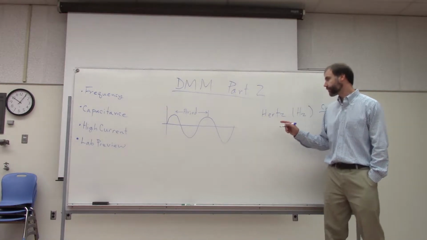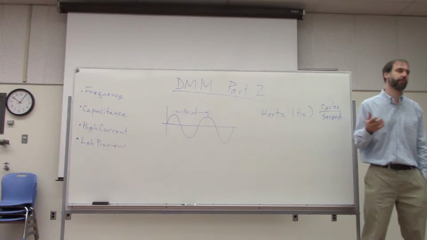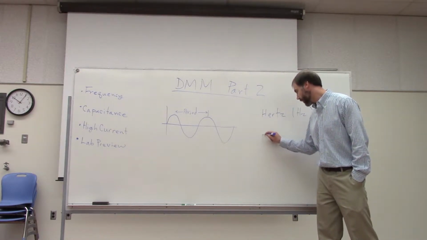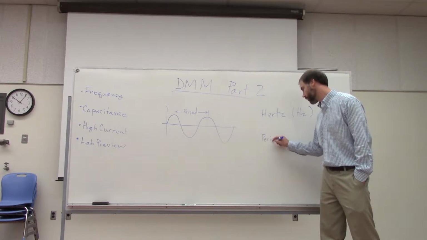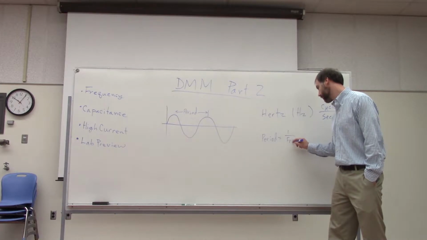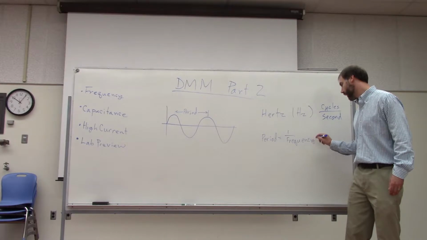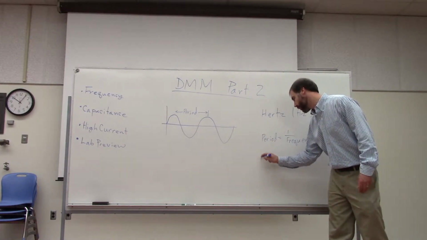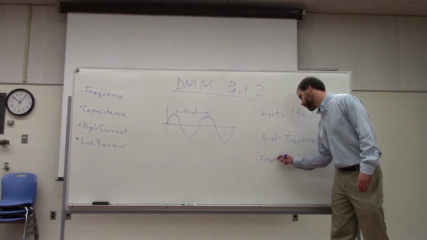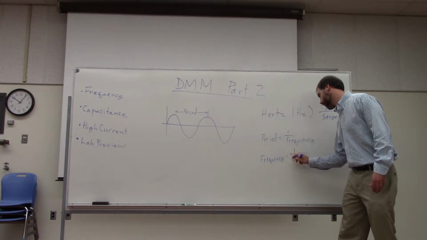So the period and the frequency are related to each other. We say that the period is 1 over the frequency. And similarly, the frequency is 1 over the period.